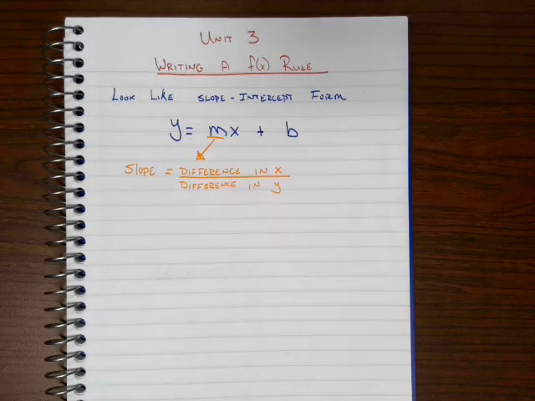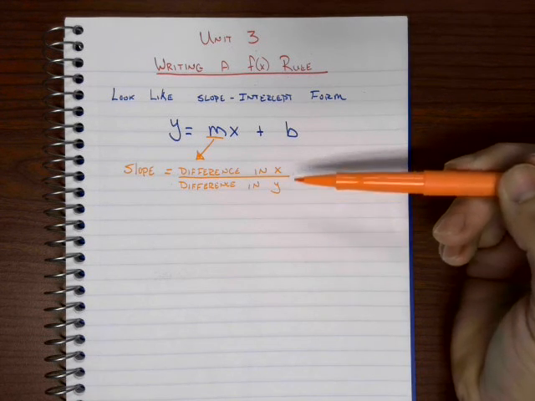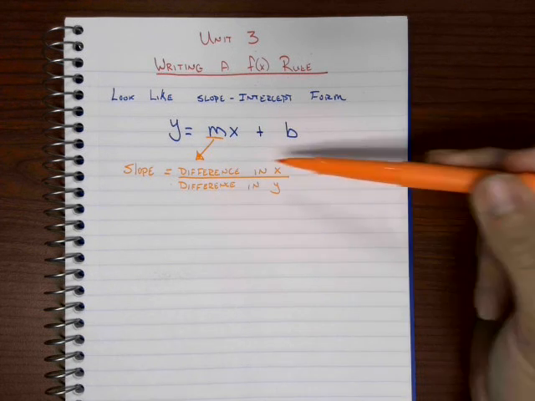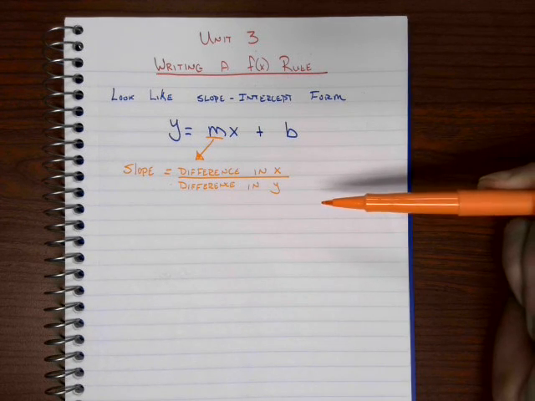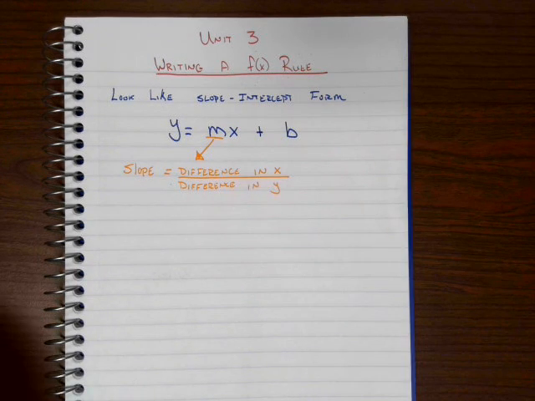So one thing to remember, difference in x over difference in y. Remember our charts that we've been filling in. What do those charts have? They have an x and a y. So keep that in mind. So our slope is our difference in x over our difference in y.